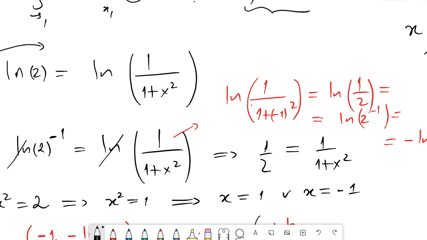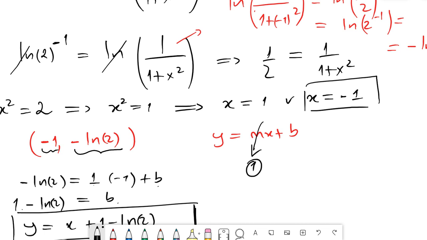Minus ln of 1, ln of 1 minus ln of 2, ln of 1 dividing 1 plus x squared. All these steps, right? And we got here. So the point will be minus 1, minus ln of 2, right?